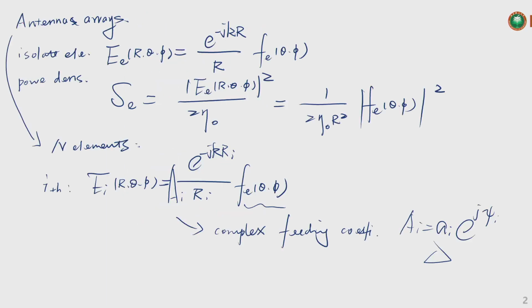What we should note is that the amplitude and a_i can be different for each element in the array. However, the directional part should be identical for each one, so they should exhibit identical patterns.